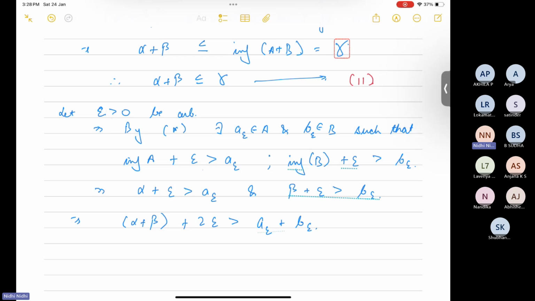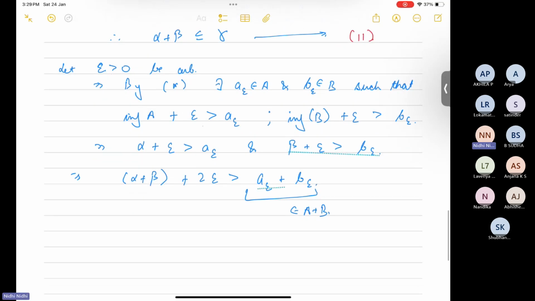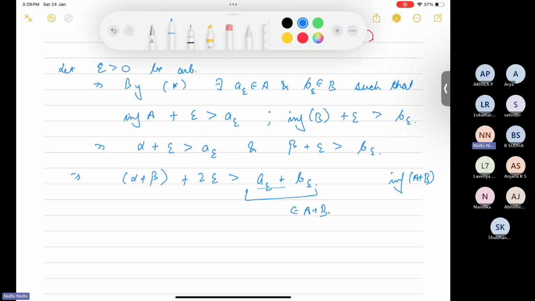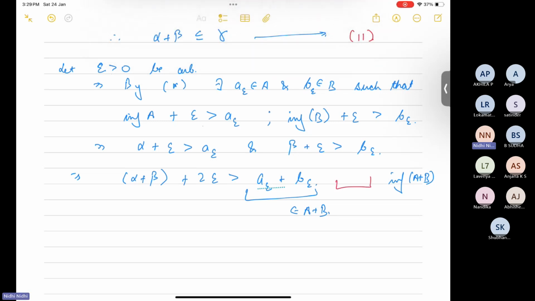Now this a epsilon plus b epsilon was an element, this belongs to A plus B. So what is the relation between a epsilon plus b epsilon and infimum of A plus B? So please tell me what should come here, greater than or less than?